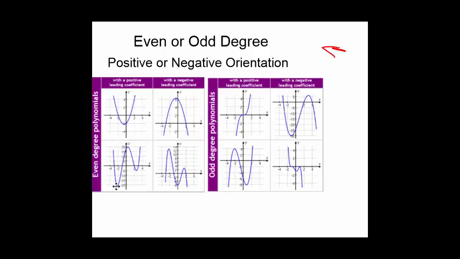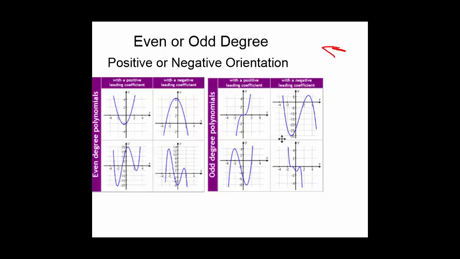This one is even because it's opening up, and this one's even because they're both opening down. So positive orientation, negative. The reason this one has humps in it is just because it's a higher degree. This could be an x to the 4th, x to the 6th, x to the 8th, the same thing here, except there'd be a negative out in front of it.